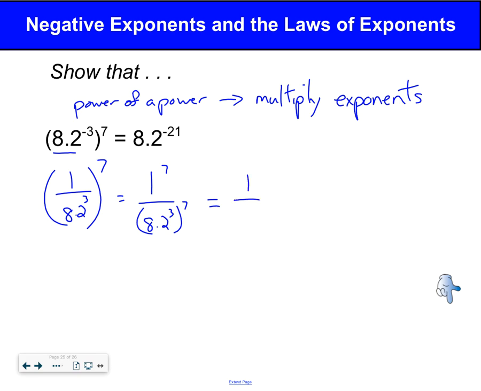And over here we have a power raised to a power, so 3 times 7 is 21, so I have 8.2 to the 21st power.